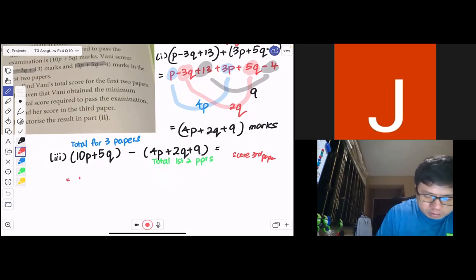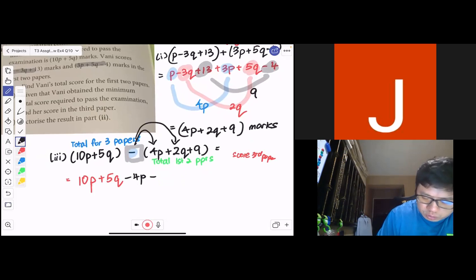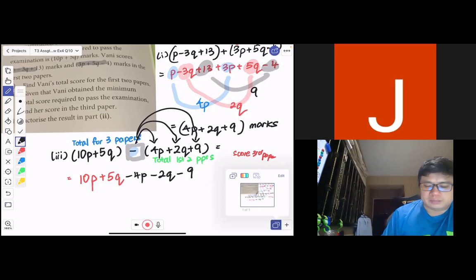Let me write it out. 10P plus 5Q, and this is a minus, so we have to be careful. I treat it as a minus 4P, minus 2Q, minus 9.